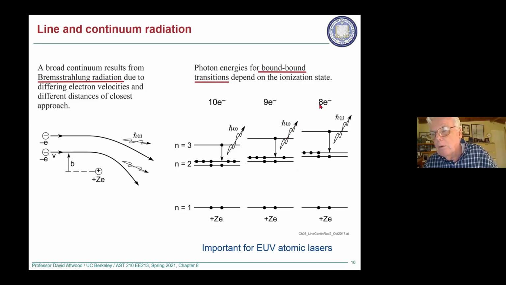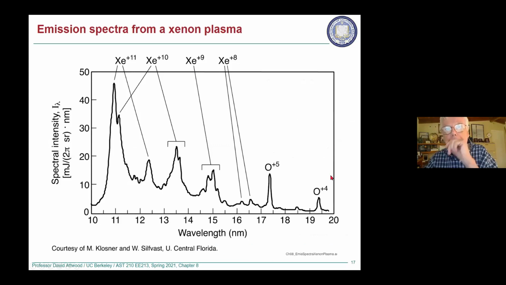And again, with fewer electrons, same processes, same excitations, ionizations, excitations. The photon energies for this same ion, same nucleus, but with different amounts of electrons still remaining surrounding the nucleus, the photon energies due to these transitions, these n equals 3 to n equals 2 transitions, are going to be slightly different.